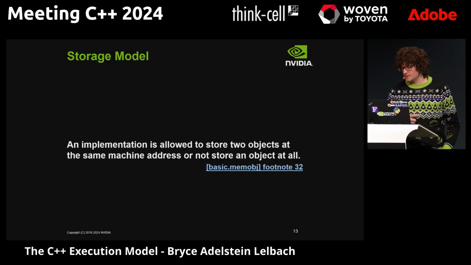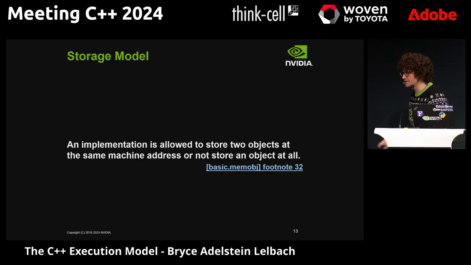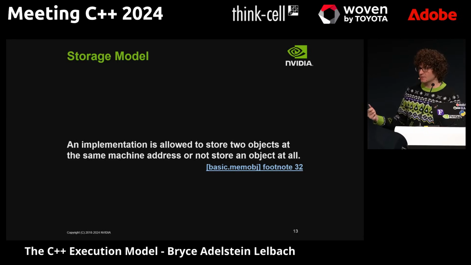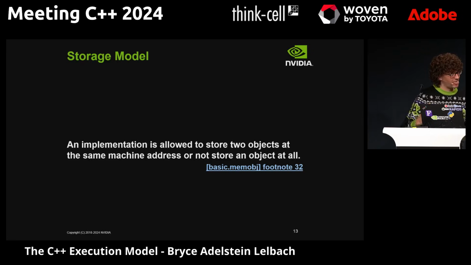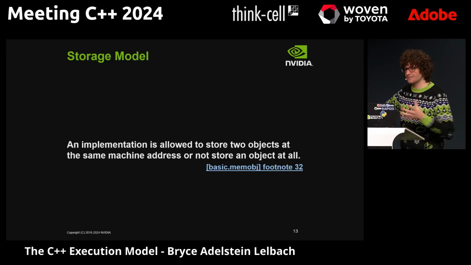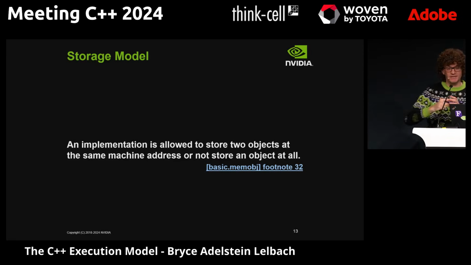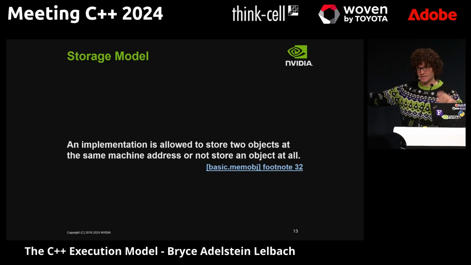For example, let's say that you have an int, and you never take the address of it, and you never modify it, and its value is a literal. The implementation doesn't need to store it, because under the as-if rule, you can't observe if it's not being stored. It's as if it's in that storage. Like, conceptually, it is in the global storage of the abstract machine, but in the implementation in the real world of that abstract machine, it's not actually stored in memory.